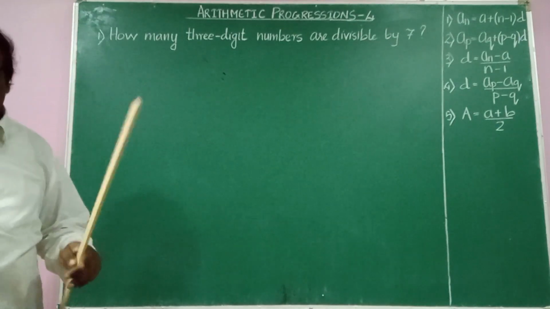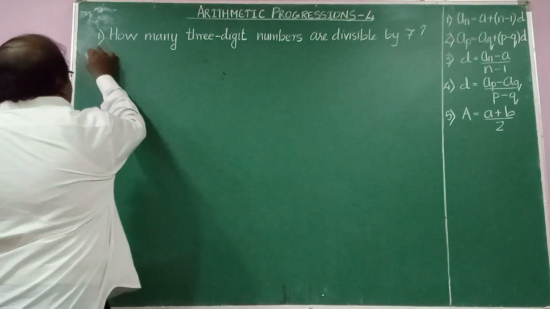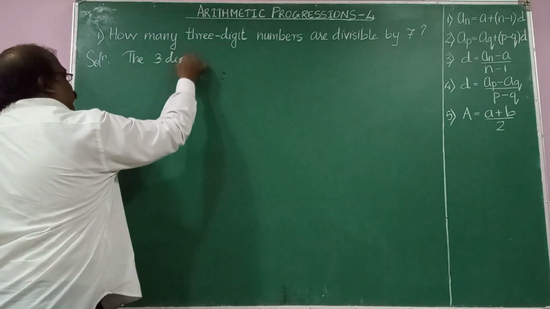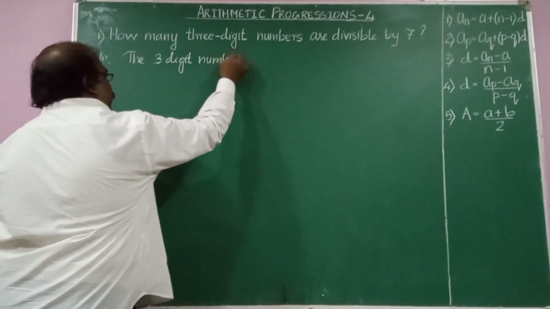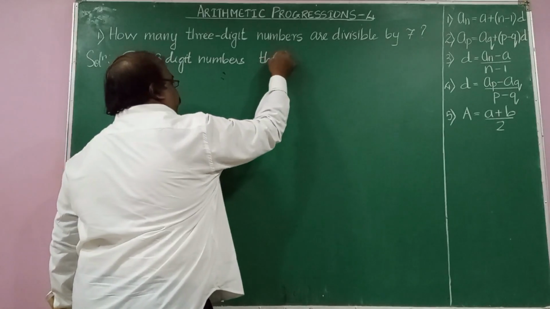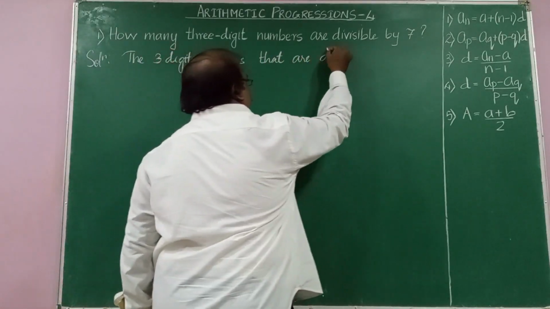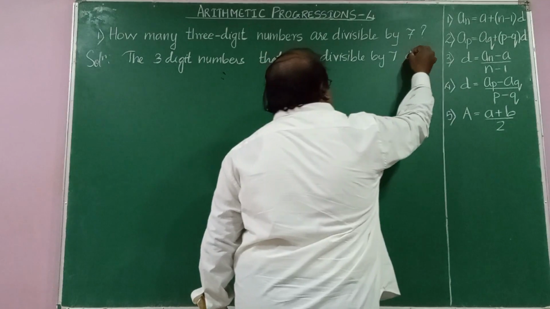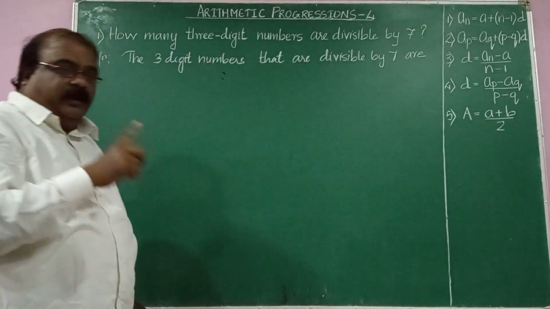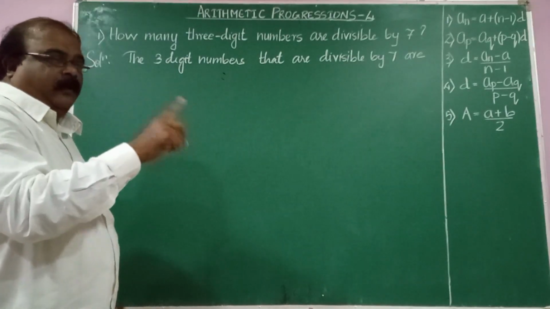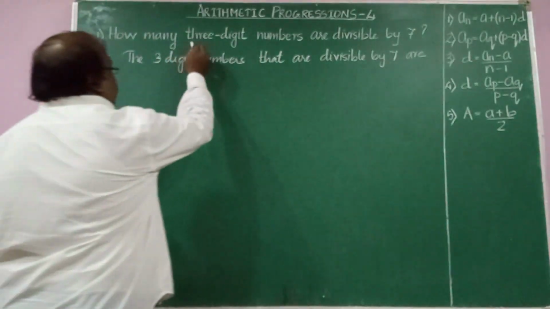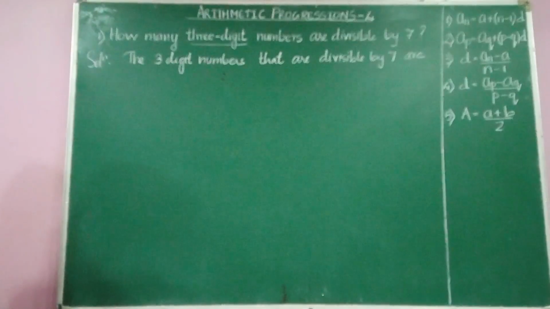Now, the numbers which are divisible by 7 are 7, 14, 21. 7 is a 1-digit number, 14, 21 are 2-digit numbers, but I asked you for the 3-digit numbers that are divisible by 7.